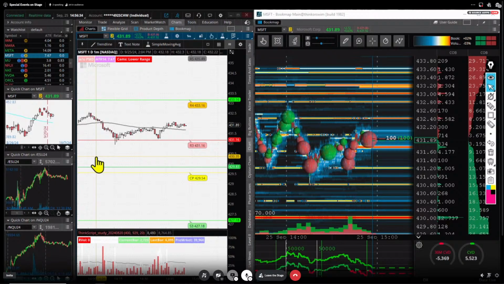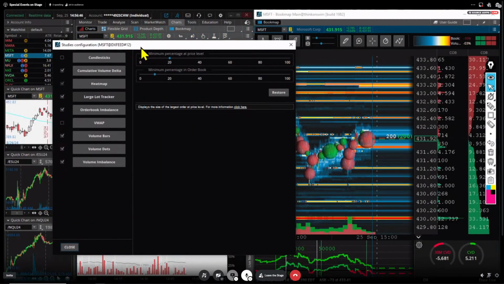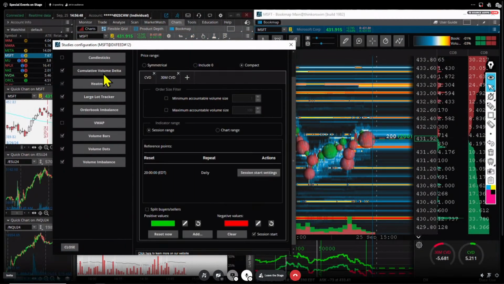Can you go over the settings when using it for the first time, things you highly recommend adjusting? Settings in Bookmap. There's a couple that are really handy that I really like. Number one, I really like cumulative volume delta. When I do my cumulative volume delta, I actually like using this one for some reason on Microsoft because I haven't adjusted it for a while.